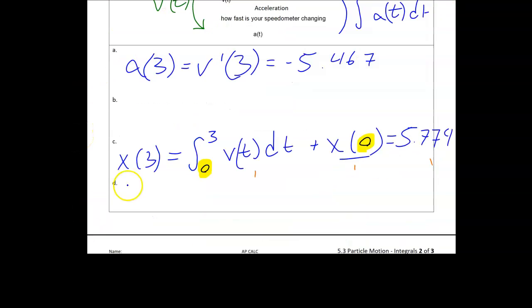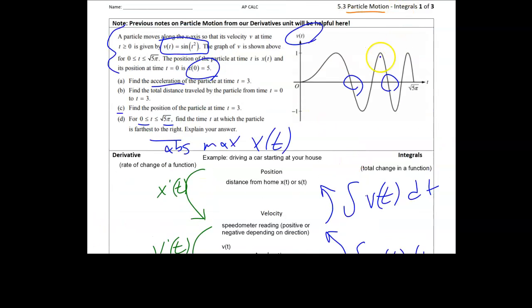So here's where we're going to make a table. So we're going to make a t, x of t table. And we know we're going to consider 0, square root of 5 pi. And then my other two zeros, so these zeros that I circled in the graph, here's where you need some unit circle knowledge from last year for this particular problem. So square root of pi is this 0, because sine is 0 for every multiple of pi.